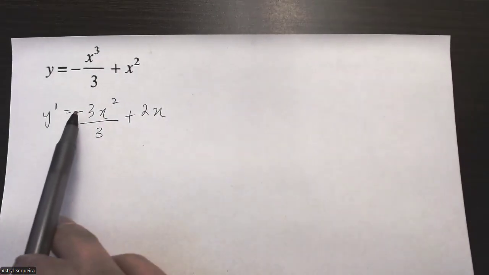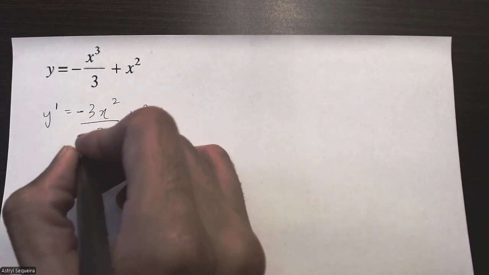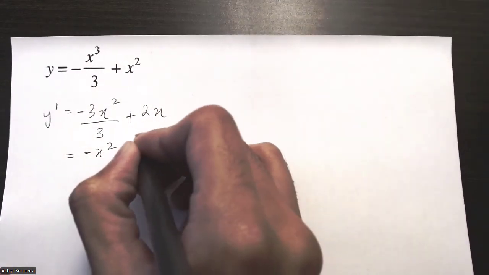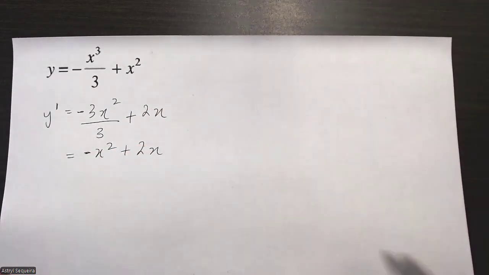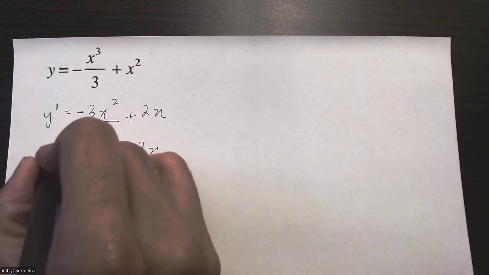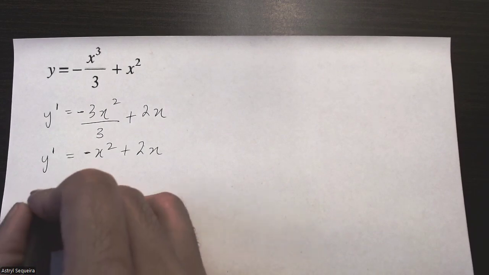And this can be simplified. Negative 3 divided by 3 is just negative 1. So I can actually simplify this to negative x squared plus 2x. Once I derive this equation, I want to make it equal to 0 and solve to find my critical points.